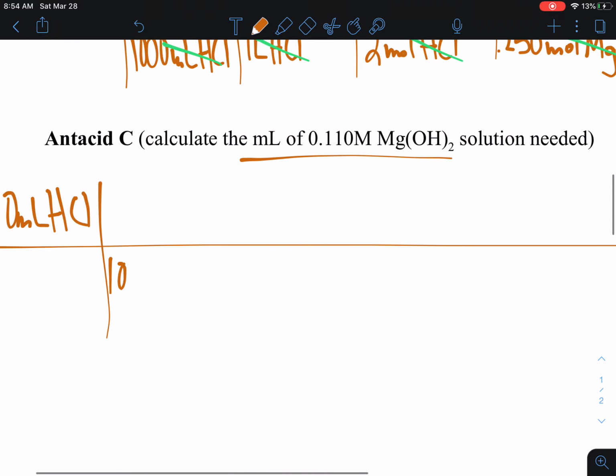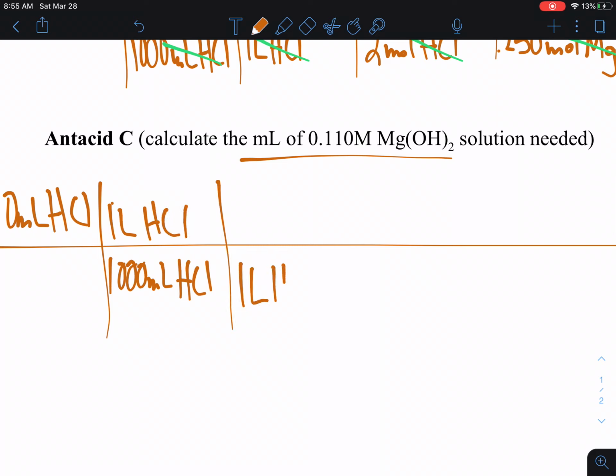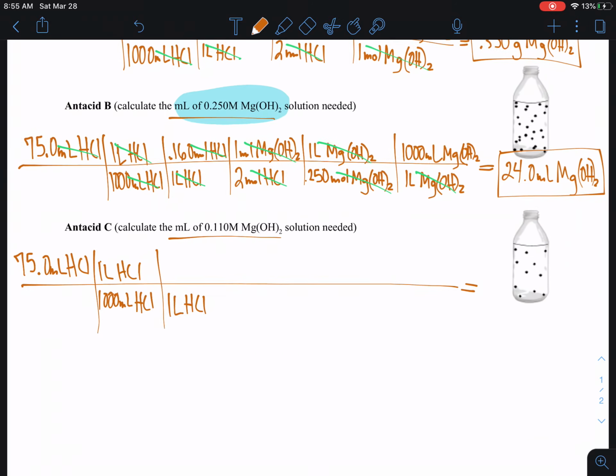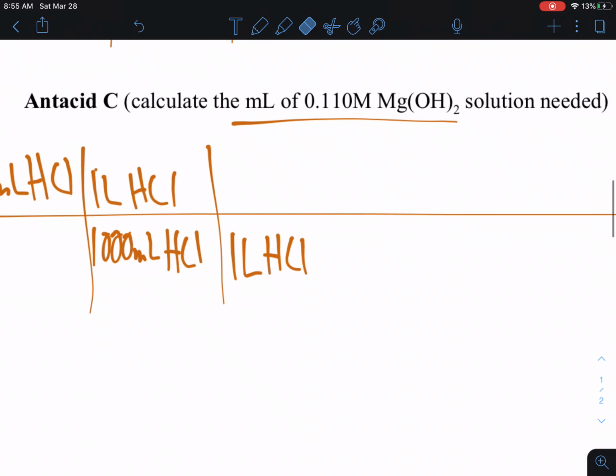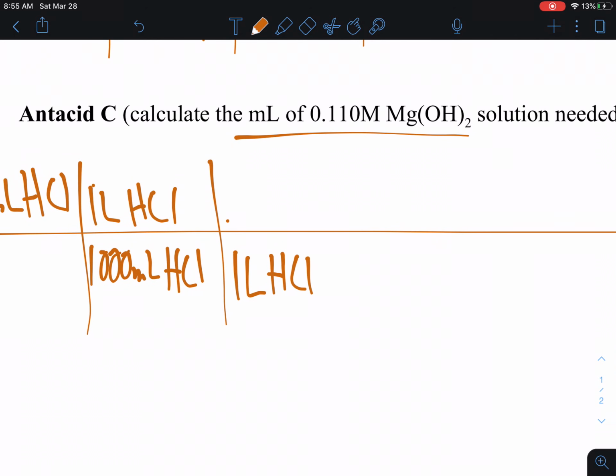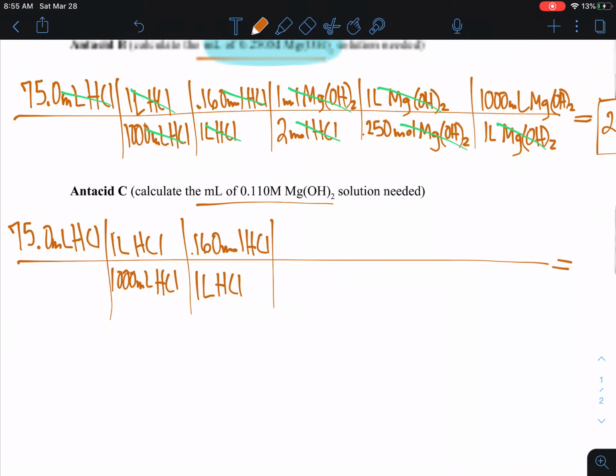And 1,000 milliliters in a liter, and for every liter of his stomach acid, again, we're going to use that same concentration from up here, 0.16 molar. So that same concentration, 0.16 moles of HCl per liter of HCl.